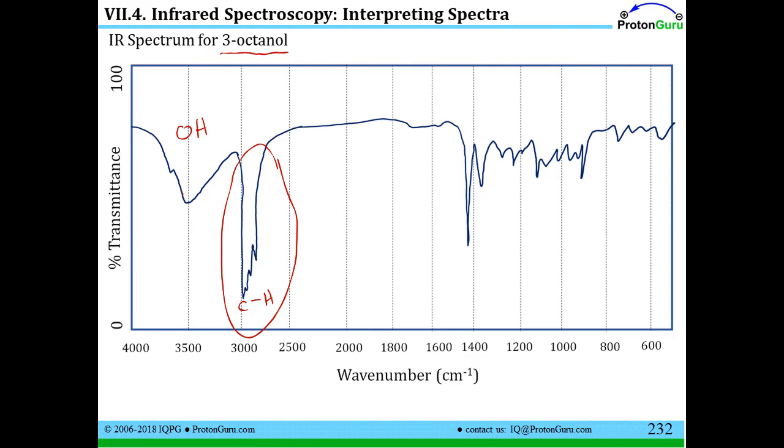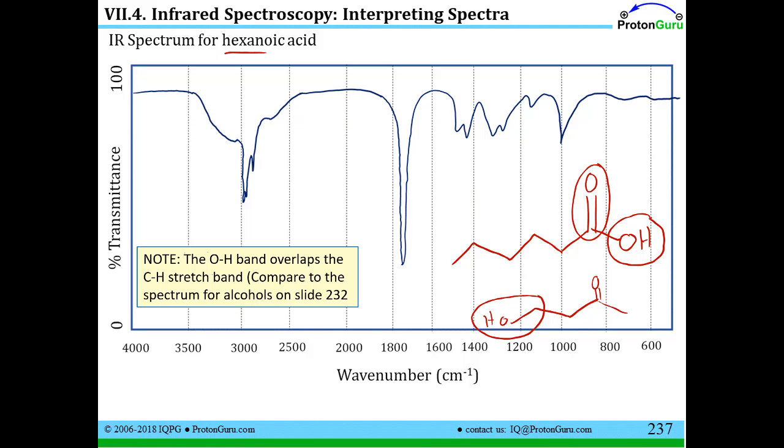So I want to compare that to the OH stretch area of the spectrum for the carboxylic acid. See how that OH peak for the carboxylic acid is now pushing and overlapping with the CH stretch region? And here you can imagine this is the U that's got the big peak sticking out of it. And you see the OH band overlaps the CH band. And that is not what we see in the alcohol like this, where the OH is not part of a carboxylic acid.